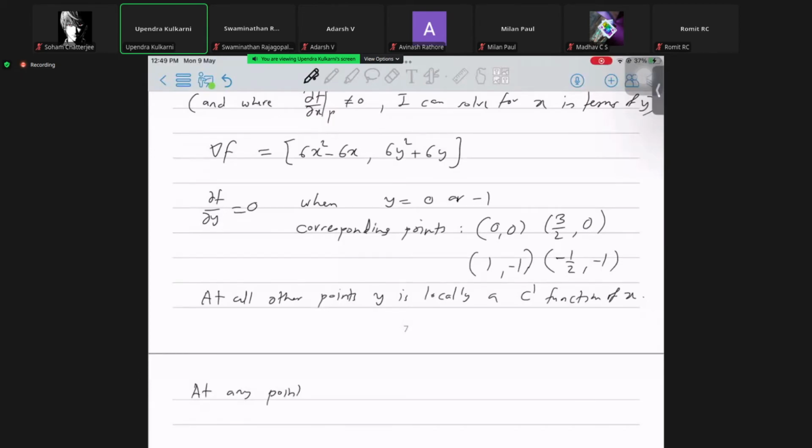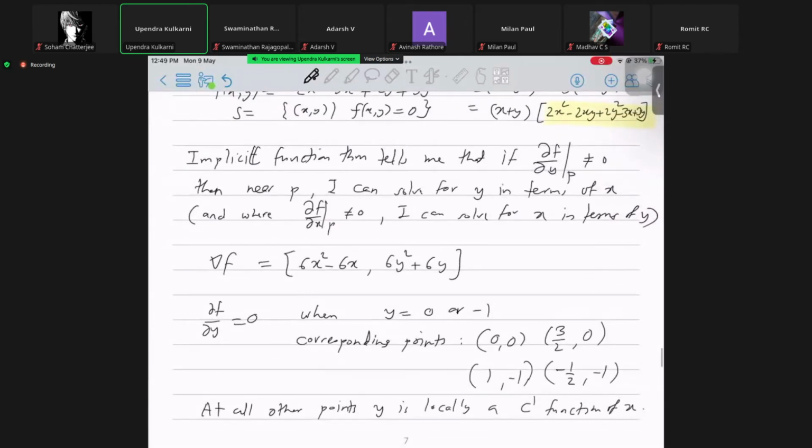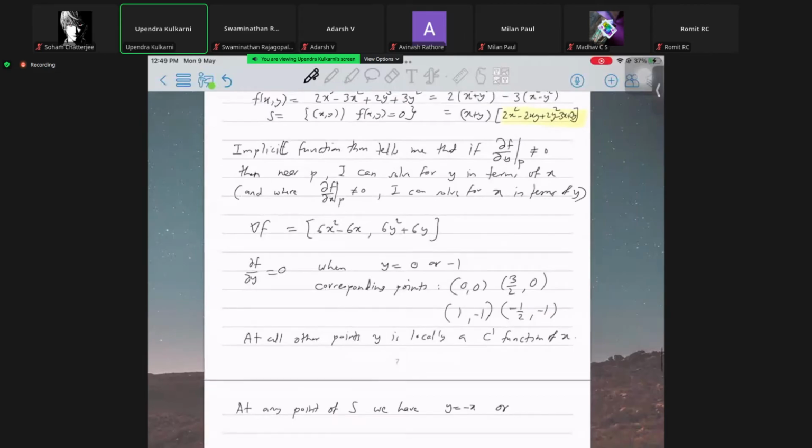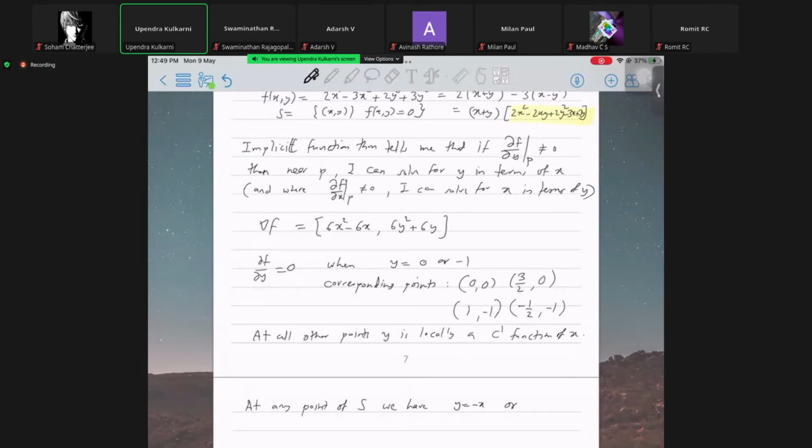At any point of S, we have 2y square, so 2 times y square, and so help me over here, plus something times y.